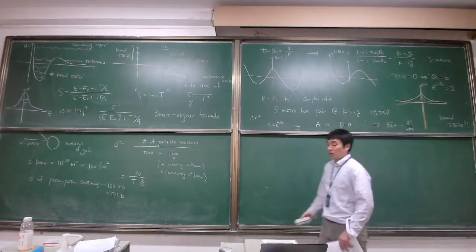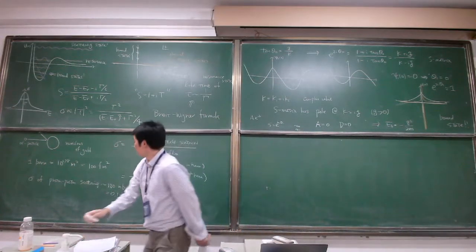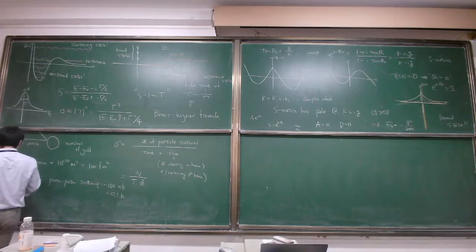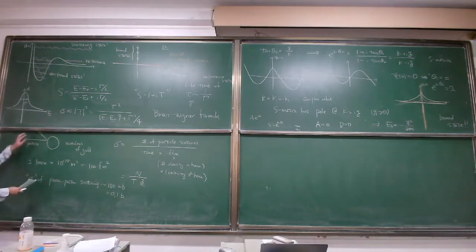So this sigma can be understood as an effective radius, an effective area of this scattering object, this nucleus.